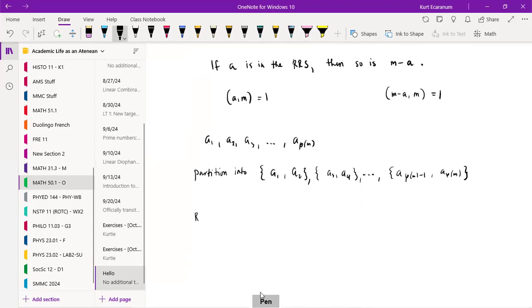Let's say meron tayong reduced residue system modulo 9. Sige, pagkatapos nito, babalik tayo sa abstract proof natin. So, 1, 2, 4, 5, 7, 8.